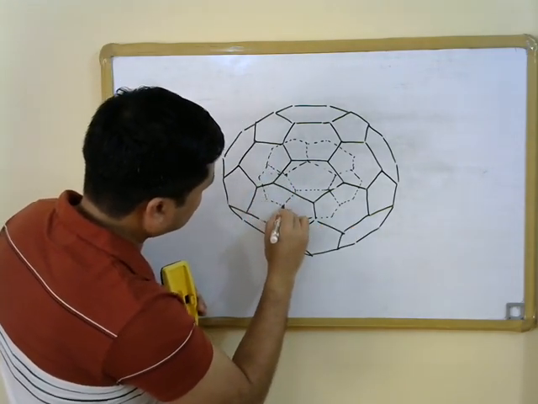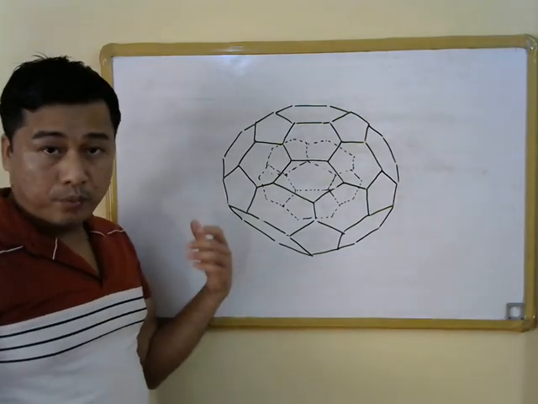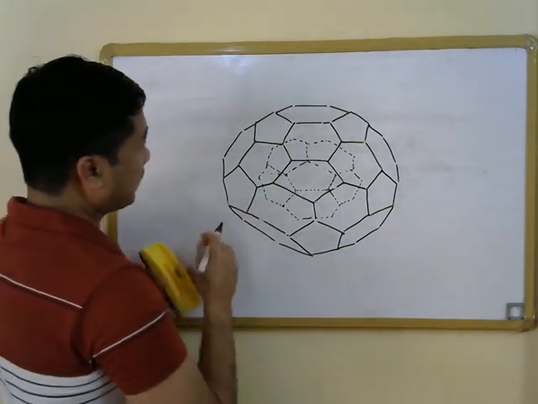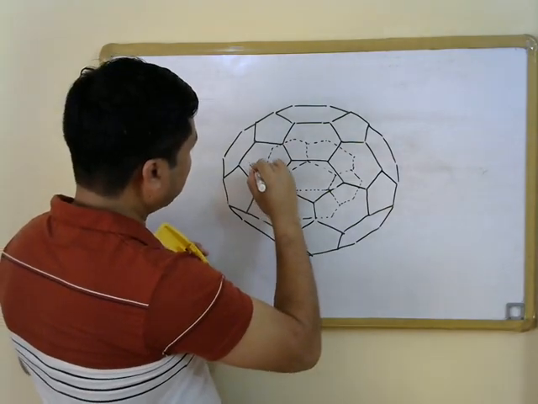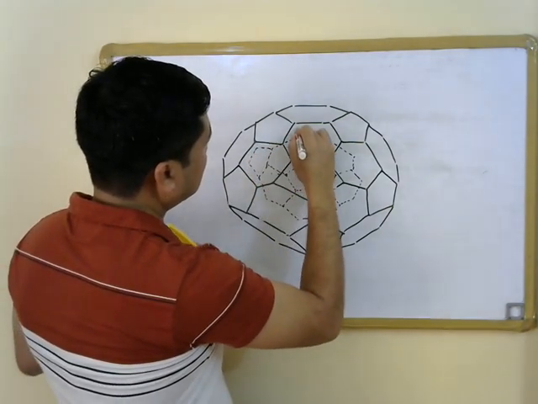Now we will draw pentagons here once again, and this is where we have to draw the pentagons between 2 hexagons.